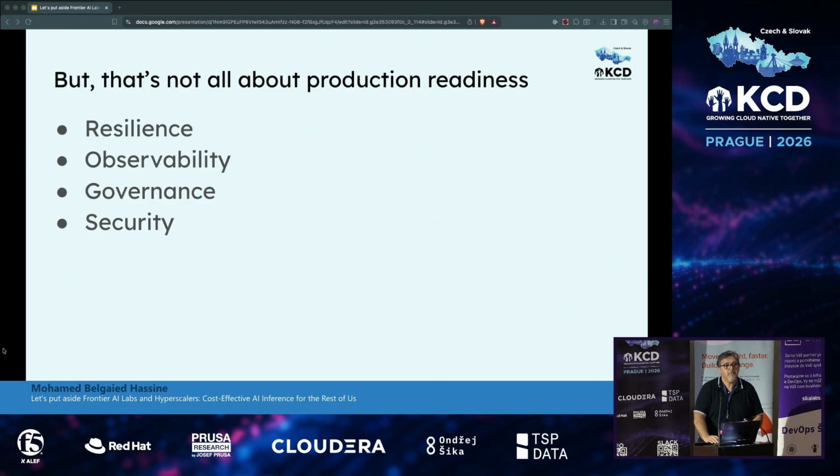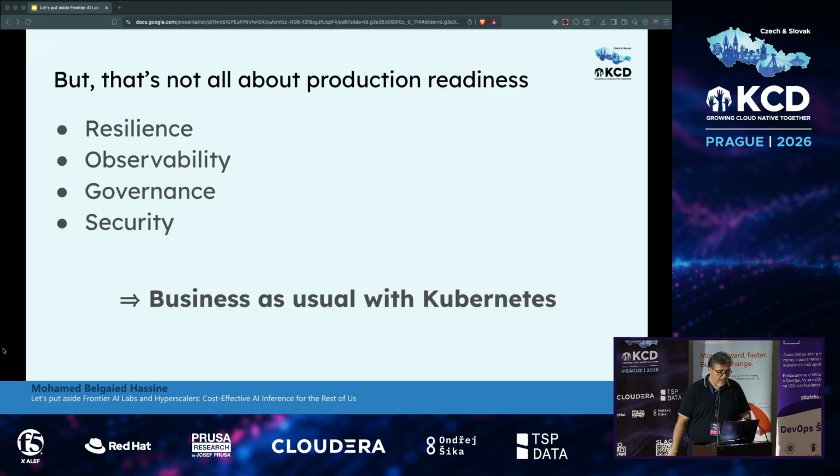However, we need to also not forget that we have people that know about Kubernetes, that want to see the same thing, and we need to reuse this knowledge. And that's also the case in Kubernetes because we have the rest of production readiness with Kubernetes that is with the resilience, observability, governance, and security of Kubernetes, business as usual in Kubernetes.